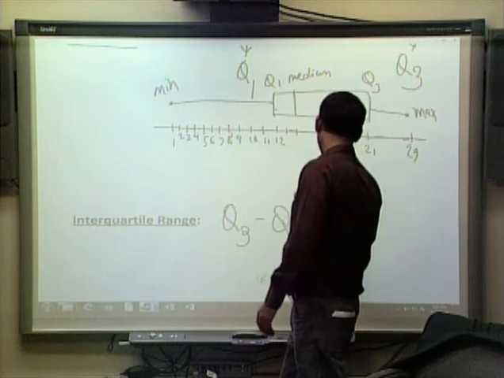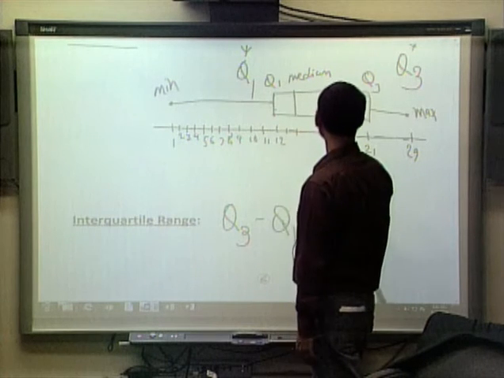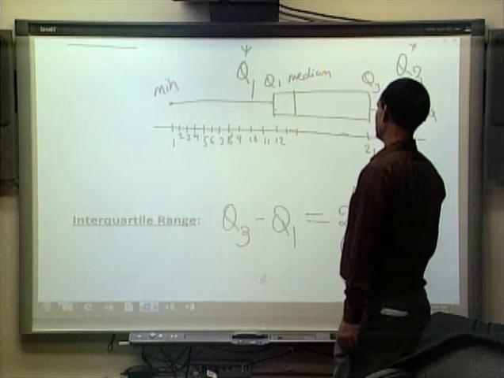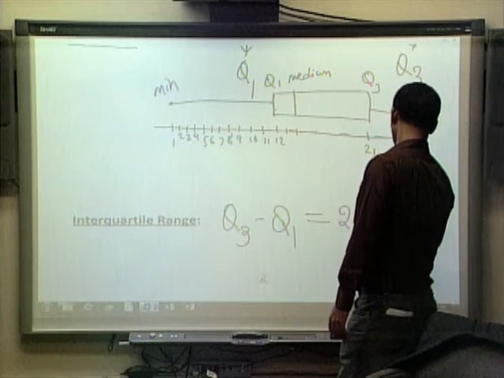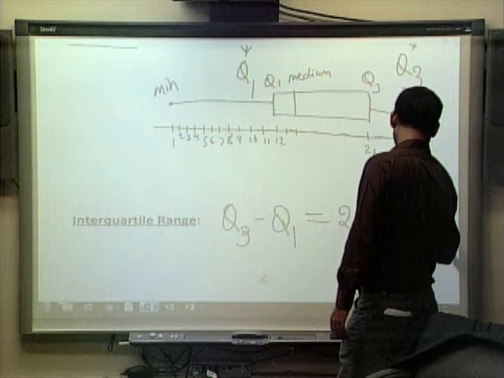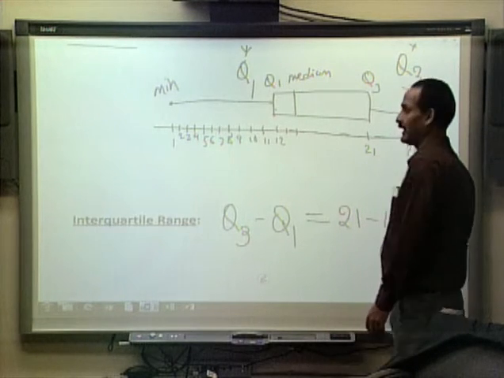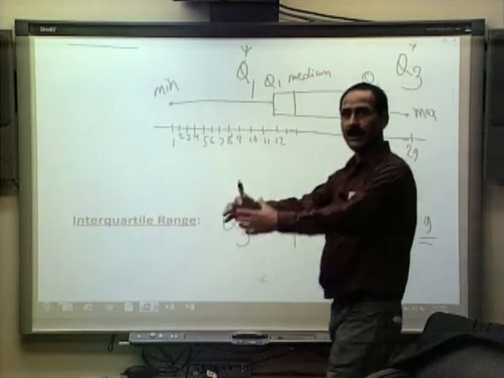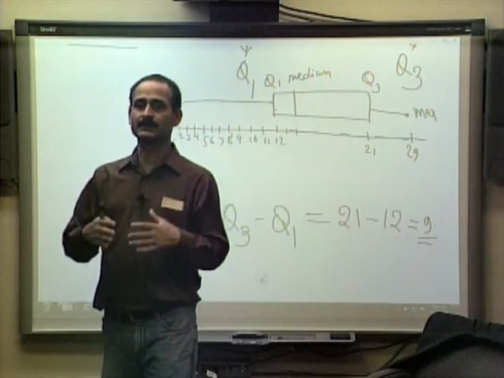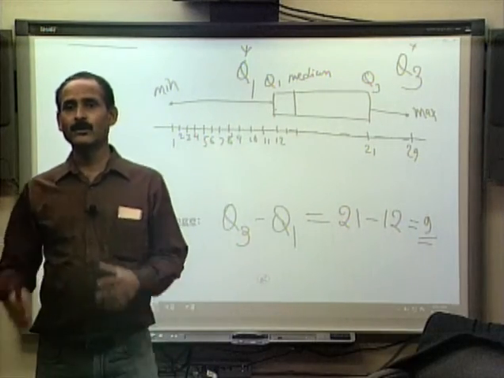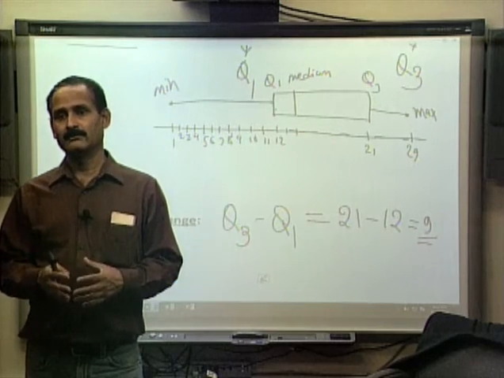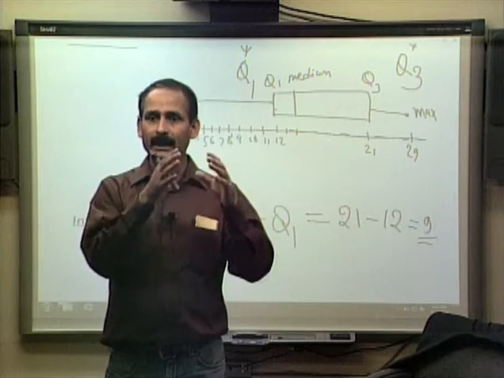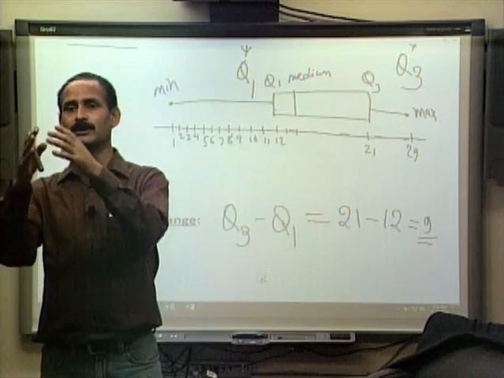In this example, the upper quartile is 21 and the lower quartile is 12. So 21 minus 12, that is 9, is the interquartile range. If we have another data set whose interquartile range is 8, or 7, let us say, then we could say the other data is less variable compared to this data.